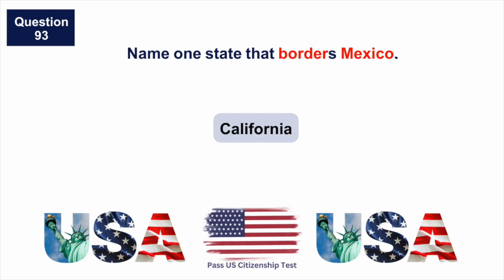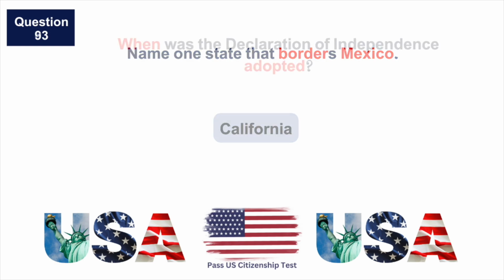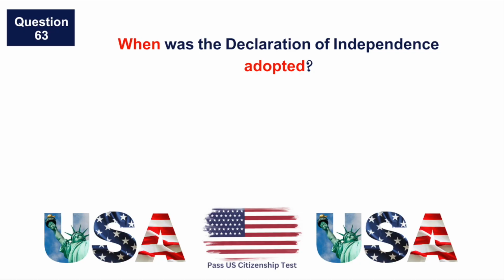California. When was the Declaration of Independence adopted? July 4th, 1776.